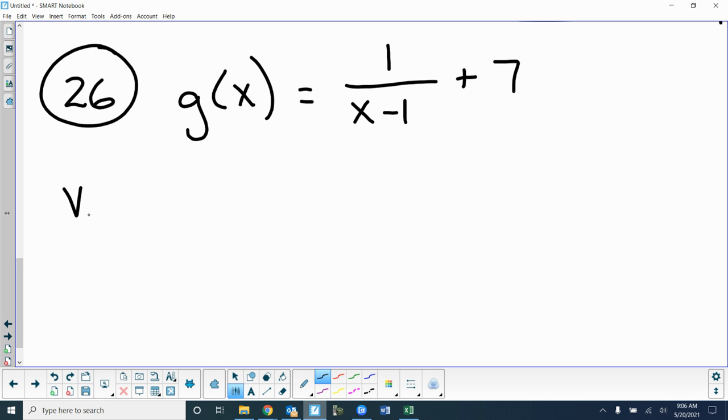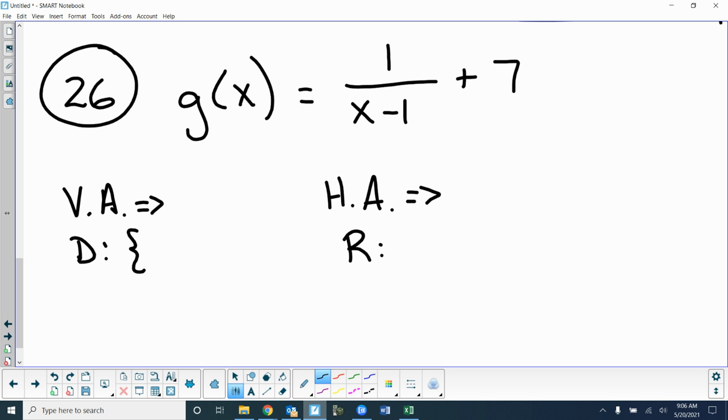So, vertical asymptote and domain go together, right? Horizontal asymptote and range go together. Range, you told me was the Y, right? Okay, this is really easy. Horizontal asymptote, I'm sorry. Yeah, horizontal, I'll just do that first.